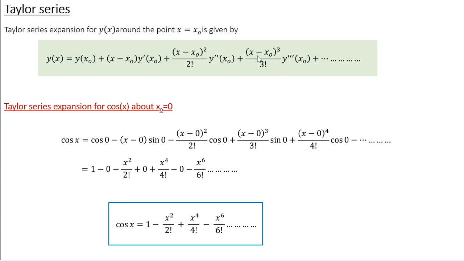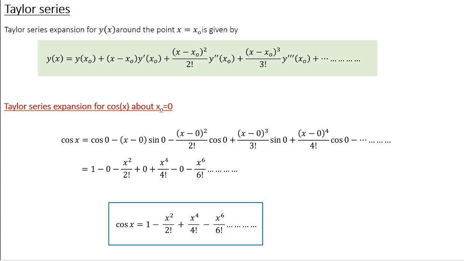In the third term I have 0.1 cube, which is 0.001, which is even smaller, right? So when you go into all the higher order terms, the value of the term is going to be very small, or the weightage of the term is going to be very small.